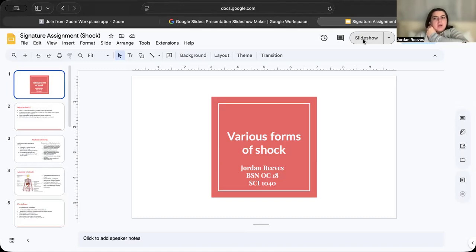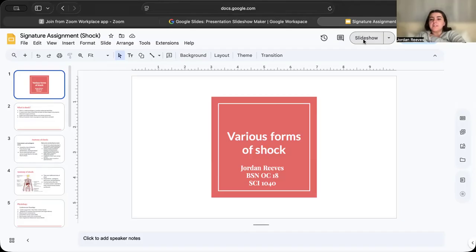The anatomy of shock, there's four different kinds that we'll learn about. There's hypovolemic and cardiogenic shock. Hypovolemic is caused by a loss of blood or fluid, so hemorrhage or dehydration, which causes low blood pressure. Cardiogenic occurs when the heart cannot pump enough blood to the body, which can also cause a heart attack. Obstructive and distributive shock.